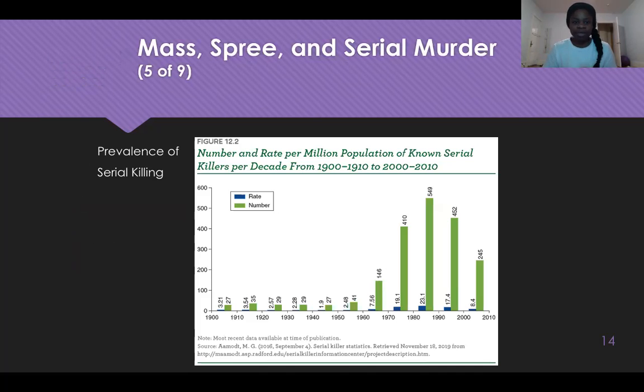Here we have figure 12.2. We're really looking at the prevalence of serial killing.